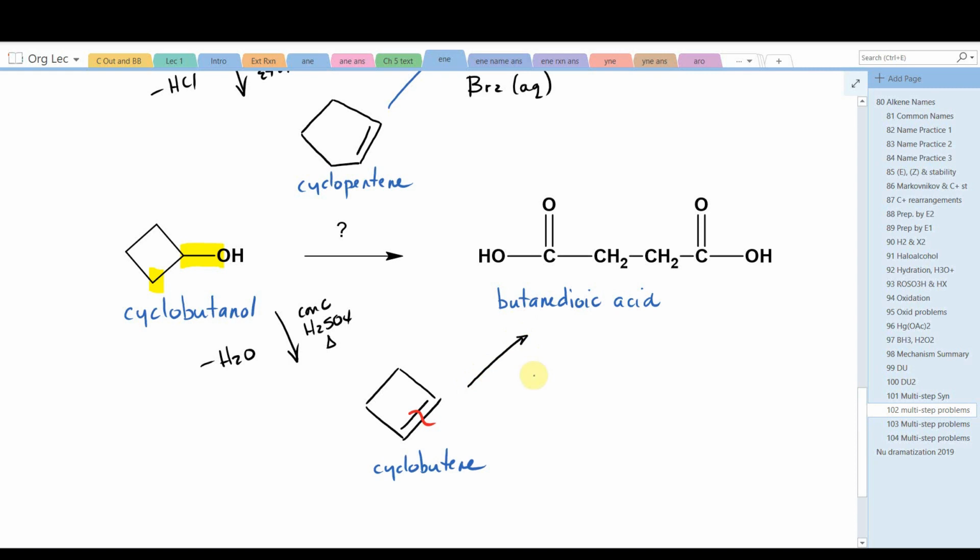We studied that hot potassium permanganate in acidic solution will cleave sigma and pi bond. The carbon, which is bonded to 1 hydrogen and 1 other carbon here, will be oxidized to a carboxylic acid. The same is true on the opposite side. And that'll give us butanedioic acid.